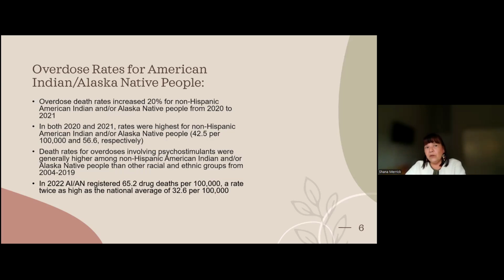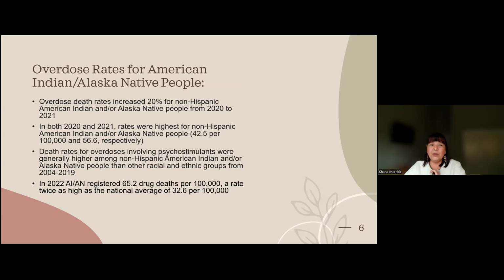We looked at overdose rates for American Indian and Alaska Native people. Again, it's very disproportionate. There was a 20% increase of overdose death rates from 2020 to 2021. When we look at the last bullet point, this is the one that really got me: in 2022, there were 65.2 drug deaths per 100,000.